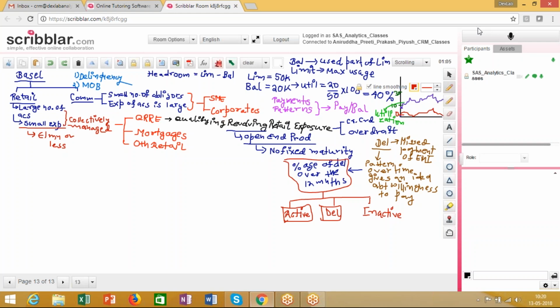Say this guy has been only 3 or 4 months on the books of the bank, and he has been paying his EMIs on time. Based on that, I consider him to be a good borrower, and I place him under the active segment, and I get a relatively lower PD estimate, and everything is done. But as the borrower matures, say over 8, 9, 10 months, he starts getting delinquent.